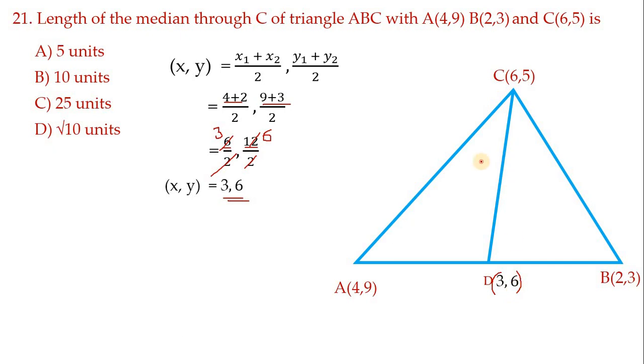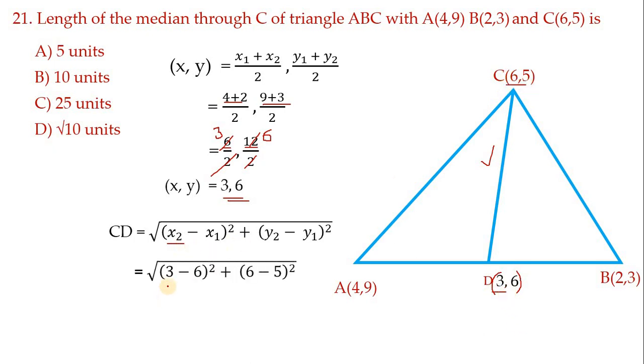Next we can easily find the length of this median by using the distance finding formula. Now x2 is 3, x1 is 6, so 3 minus 6, and y2 minus y1, which is 6 minus 5. Children, you can take either one as x1 and y1, it's not a problem.